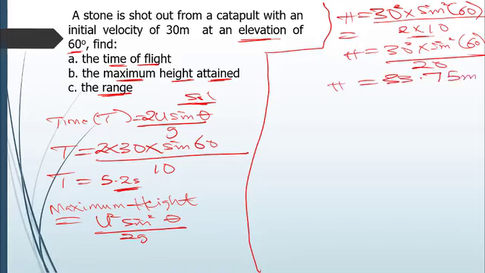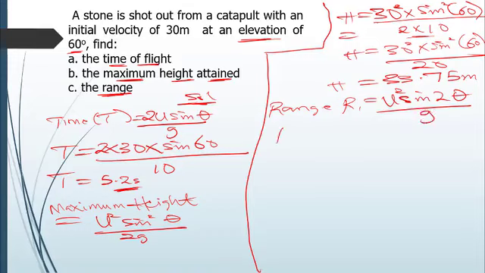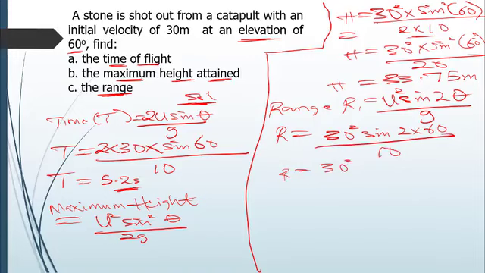At this point, let's talk about the range. The range R is given by the equation u squared sine 2 theta all over g. So our range is going to become 30 squared sine of 2 times 60 all over 10, which is going to give us 30 squared sine 120 over 10.